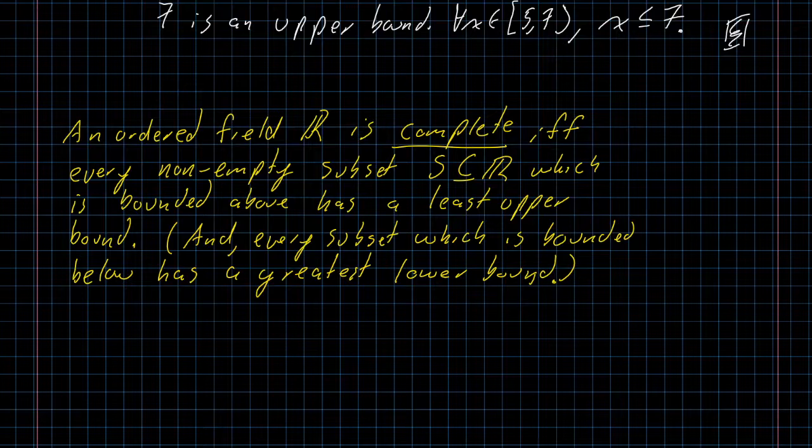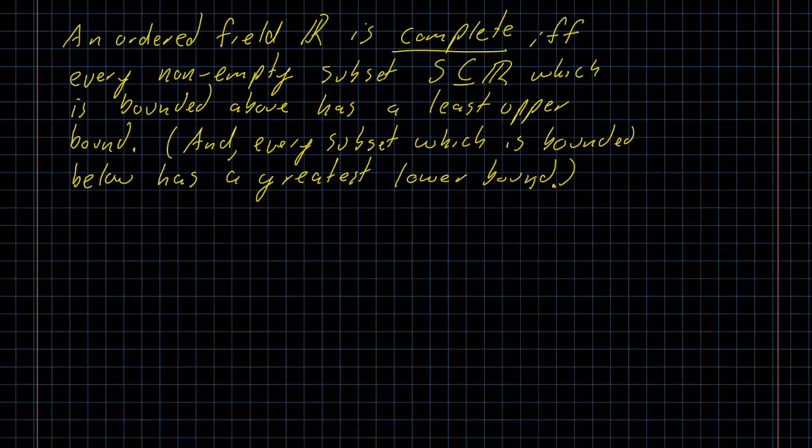But if that is the case, it is also going to be the case that every subset which is bounded below has a greatest lower bound. Right? The existence of the least upper bound and the greatest lower bound is what leads to this idea of completion.